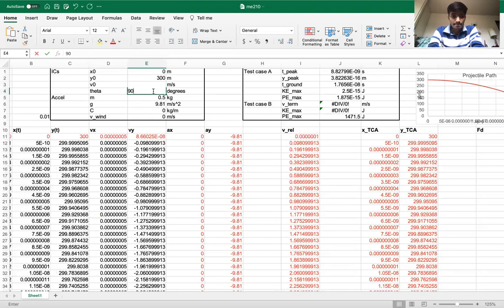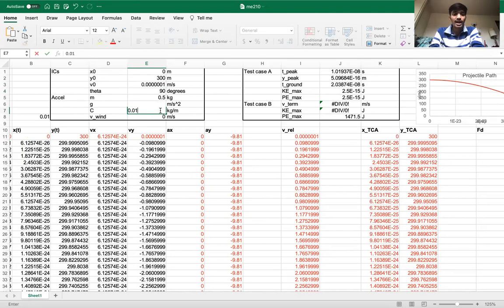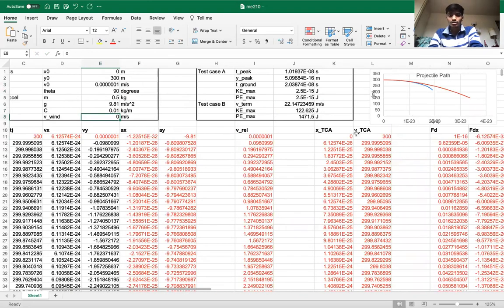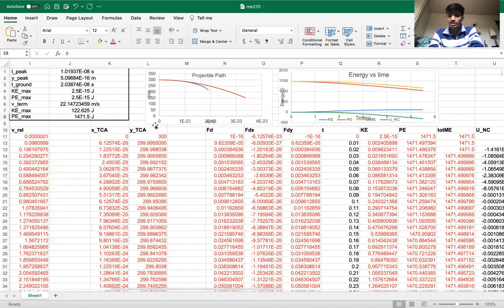And right here we are taking into account the air drag. Once we're done changing, see the graph changes significantly because we are just dropping the ball, and the x distance is 10 to the negative 23, which is basically zero. So the ball is dropping straight downward.